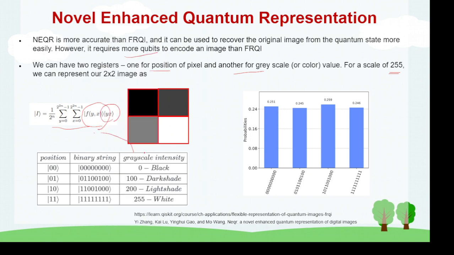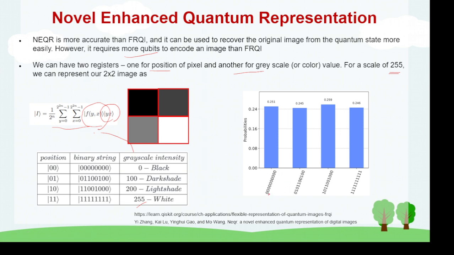The grayscale intensity is given here: 0 is black, 255 is white, 100 is this one, and 200 is a light shade. So this has to be converted to binary form, and that's how we will be encoding them. After encoding, if you make a measurement, you will get something like this.